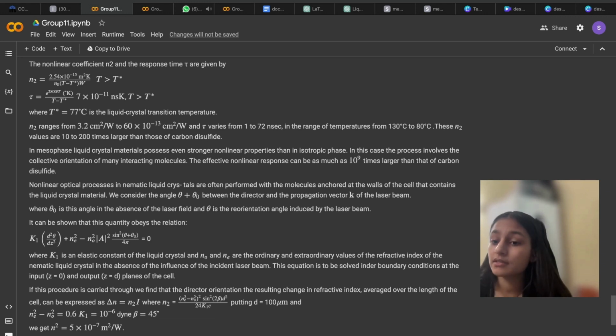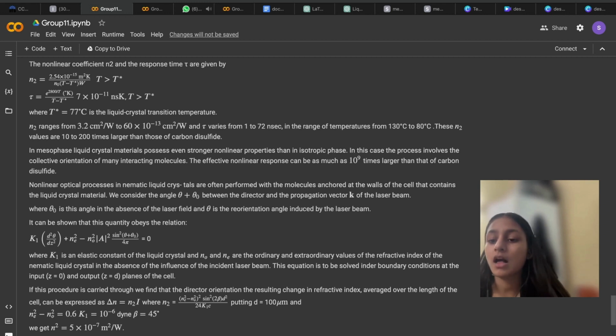Theta represents the reorientation angle, indicating how the director's alignment changes under the influence of laser field. This angle is pivotal in understanding how liquid crystals behave when subjected to external influences, particularly laser beams.